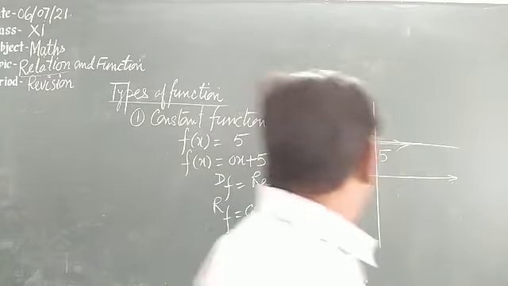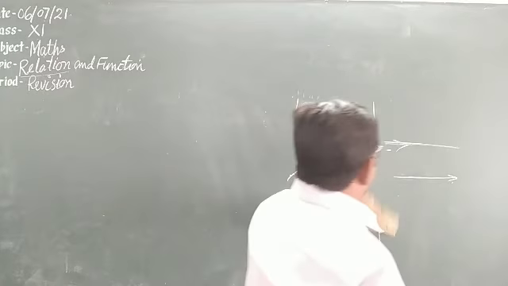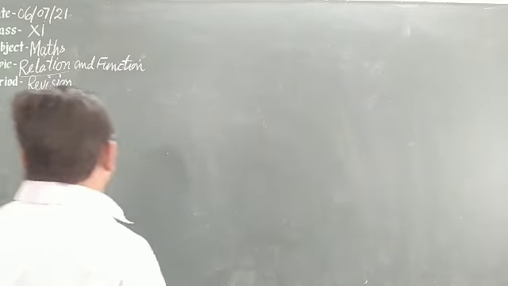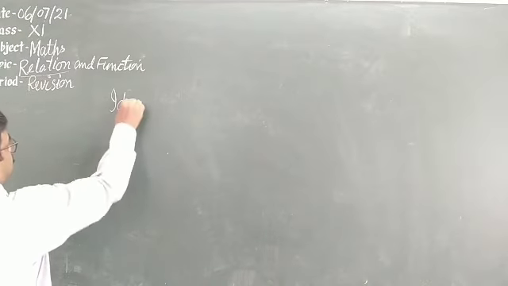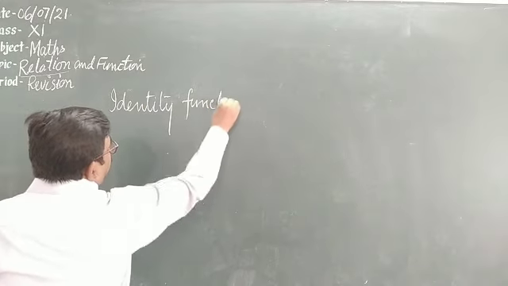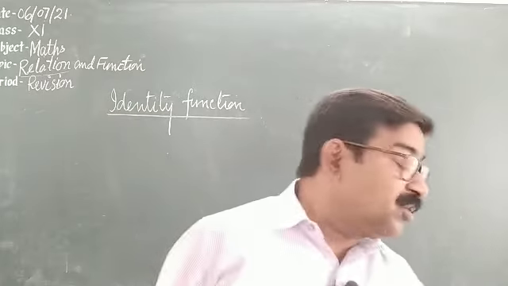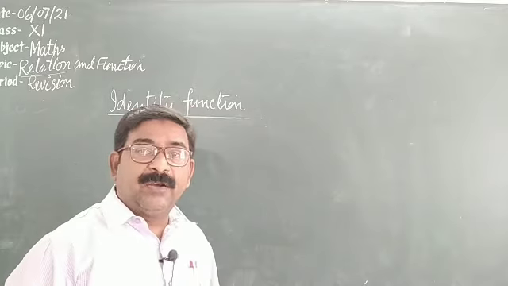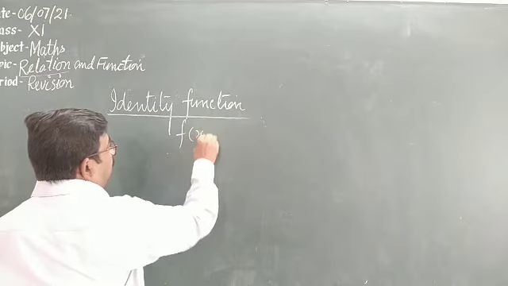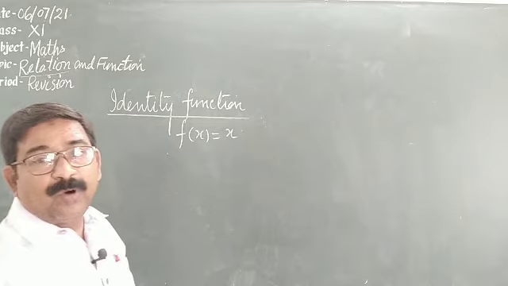The second function we have is the identity function. What is this kind of function? This kind of function means we have f(x) equal to a single monomial x of degree 1.